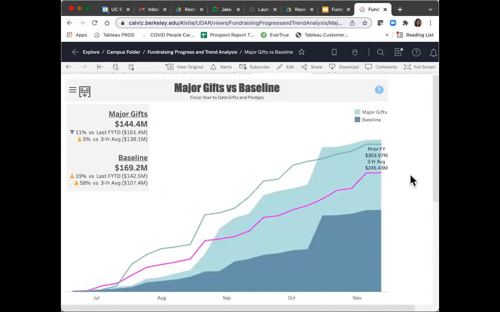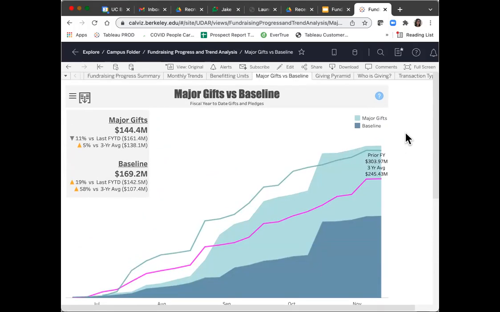Again, we're always comparing prior fiscal year to 3-year average, just to let people see what the trends look like. All right, what else do I like about this one? Everywhere you're going to see the little triangles up and down, because again, people are just looking for those quick insights that they can use to make cases or understand what's happening.